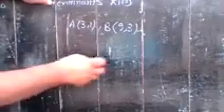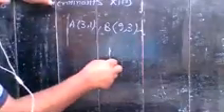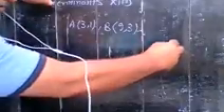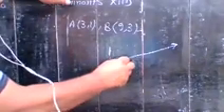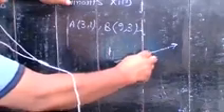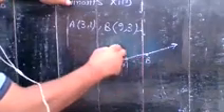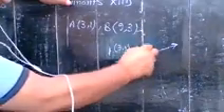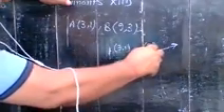Draw the figure. Suppose here you have a line whose equation is required, and it is passing through two given points A and B, whose coordinates are (3, 1) and (9, 3).